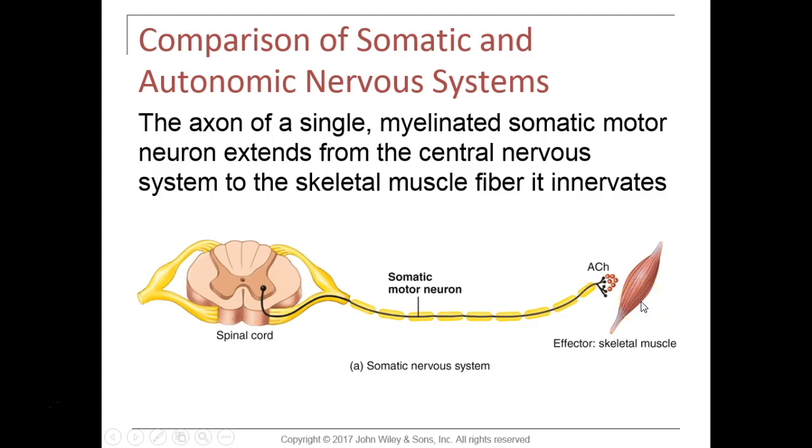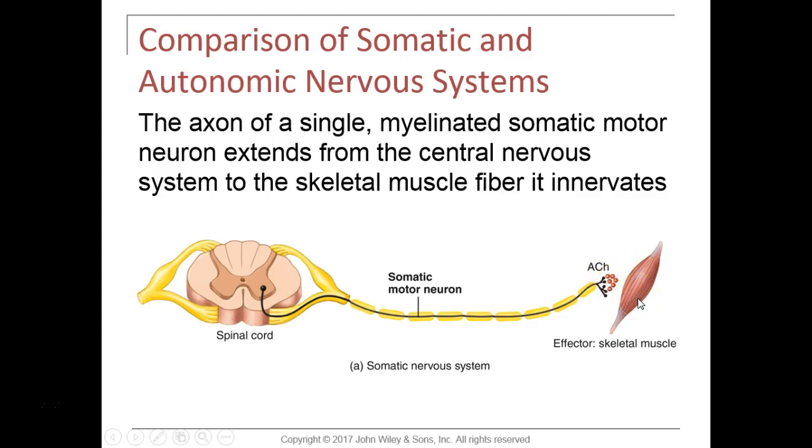That's different for the autonomic nervous system motor output. Also, all of these motor neurons that are part of the somatic nervous system are myelinated. That's what these little sausage-looking structures are around the axon. And all of those neurons that innervate skeletal muscle release acetylcholine as their neurotransmitter. So acetylcholine is excitatory on skeletal muscle.